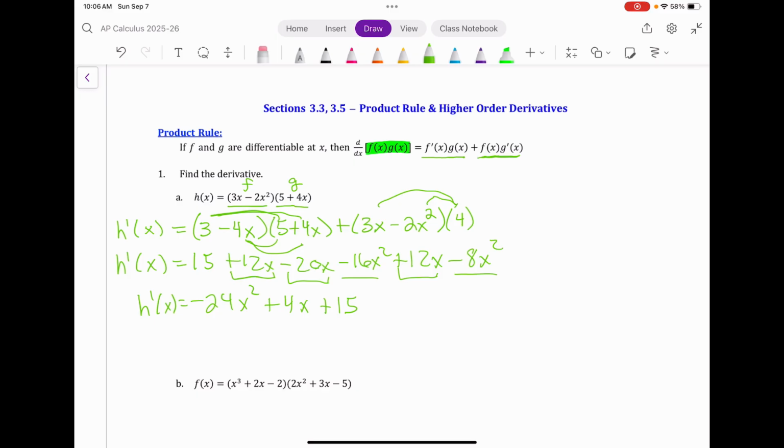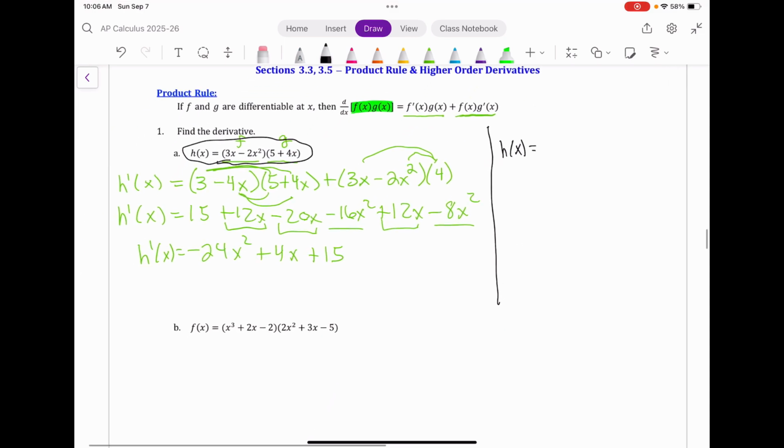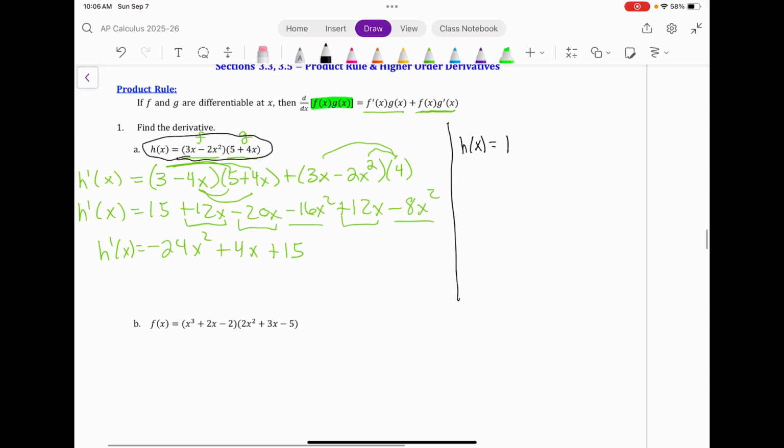So we could at the beginning also just multiply out the function. I'll just show an alternative way. Let's rewrite h of x in standard form. So what would that be? 15x plus 12x squared minus 10x squared minus 8x cubed.